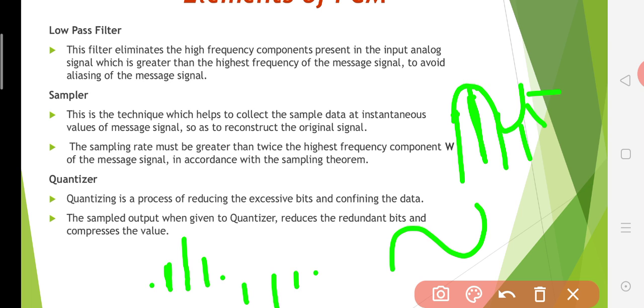We take samples at different time intervals. This is the technique which helps to collect the sample data.